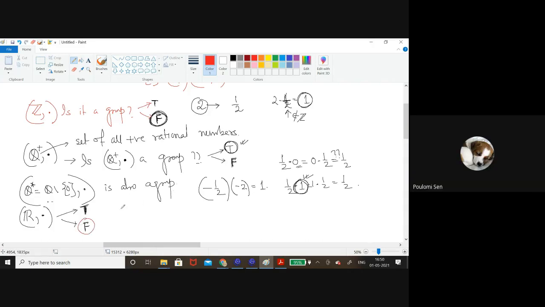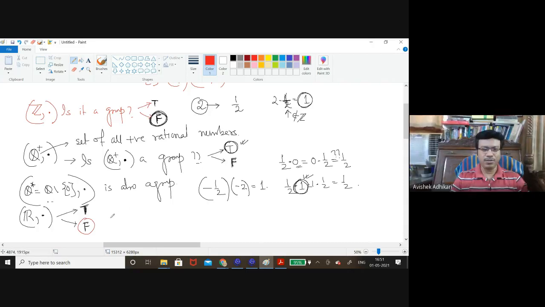The inverse element will not be there in case of 0. It satisfies for all except for 0. So you can understand that all the properties are satisfied except for the inverse of 0.